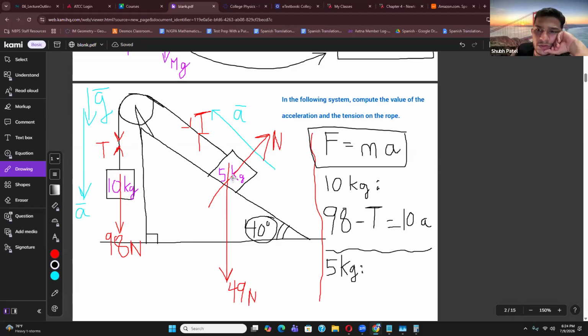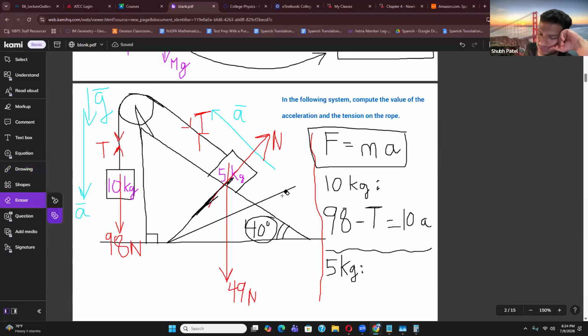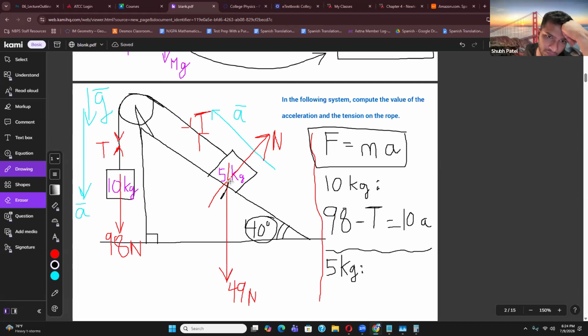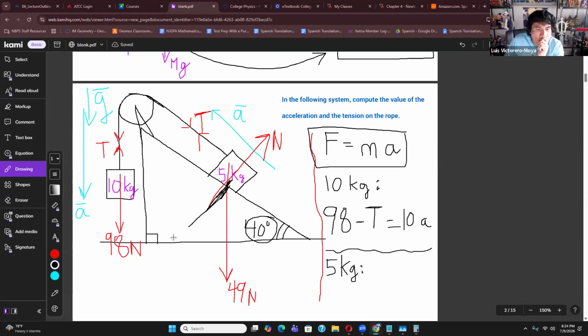So we use the sine of 40 for the gravity. Sorry, sine 40, my bad. Yeah, we have to extend this. This is 90 degrees, 40, 50, 40 here, yes.